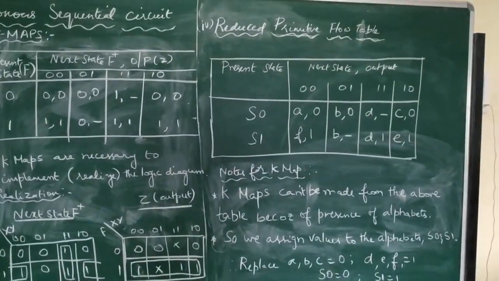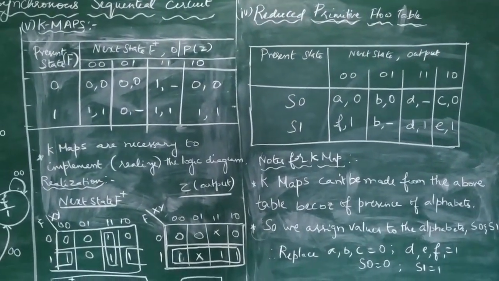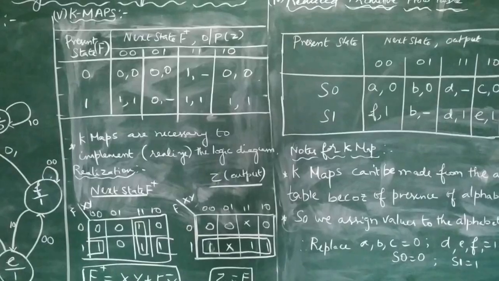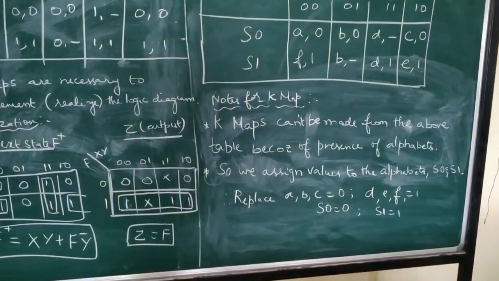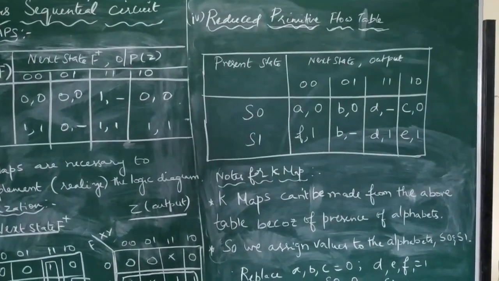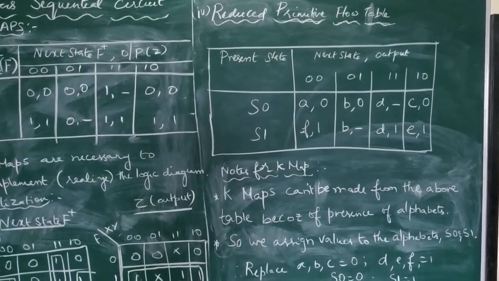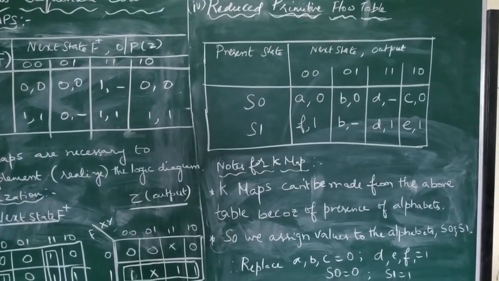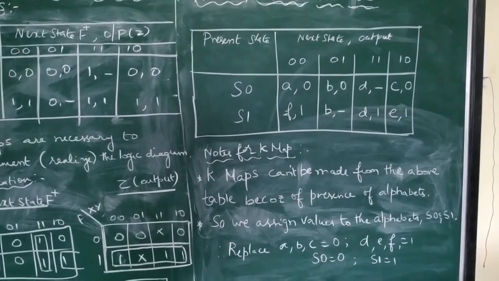From the reduced primitive flow table, we make small changes in order to do the K-maps. I have given here the notes for K-maps. The K-maps cannot be made from the above table, that is the reduced primitive flow table, because of the presence of alphabets A, B, C, D, E, F, S0, S1. So we assign values to the alphabets and S0, S1.